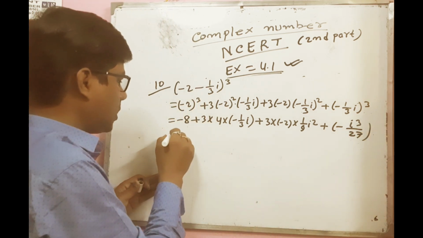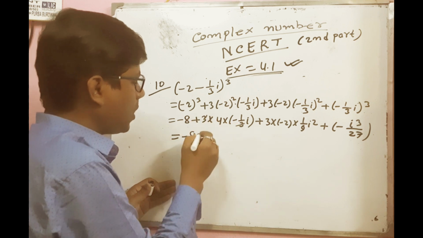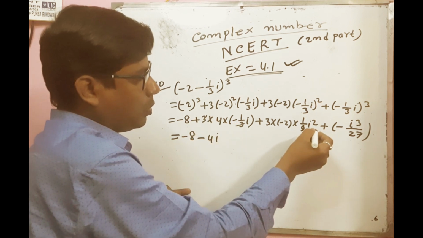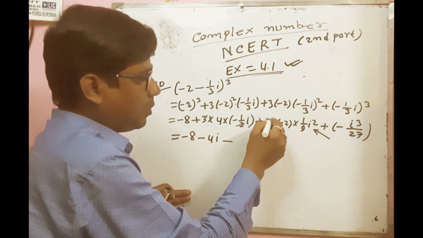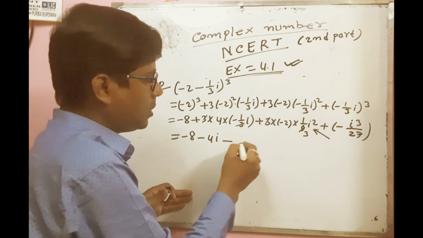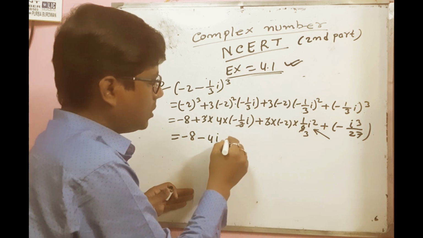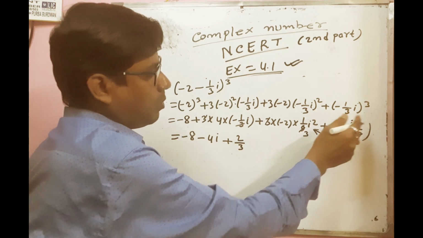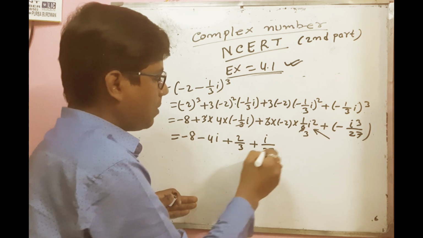Now calculating, we get minus 8 and the 3's vanish and minus 4i, and we know that i square is equal to minus 1, so put it here. Then we get minus 1 and minus, that is a plus 2 by 3, and i square is equal to minus 1. Then we get minus minus plus i by 27.